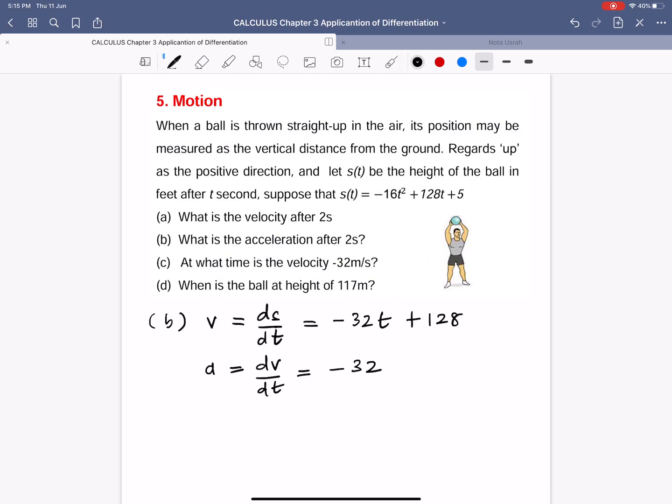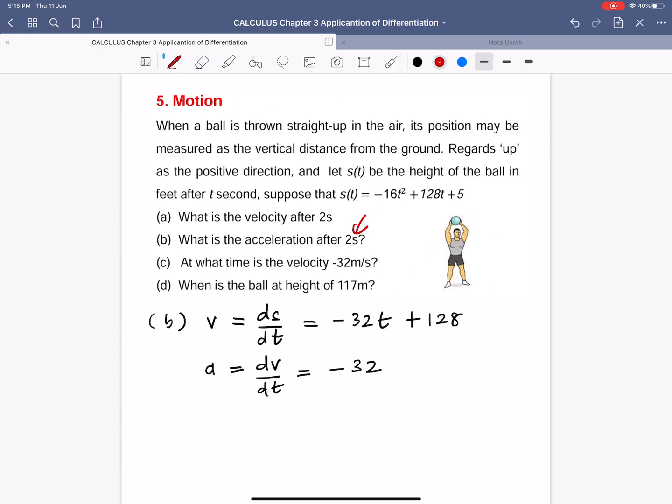And even though you are given that t is 2 seconds, in this case this value of 2 seconds is not used here because dv/dt is a constant.